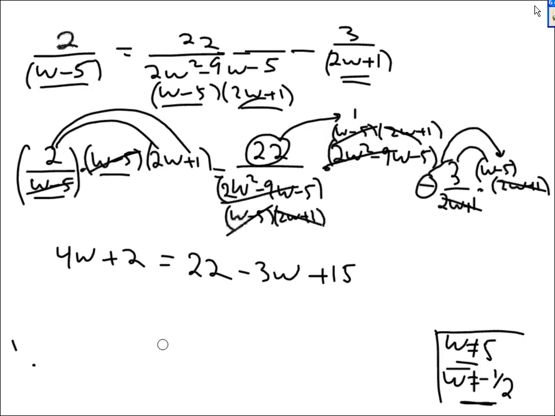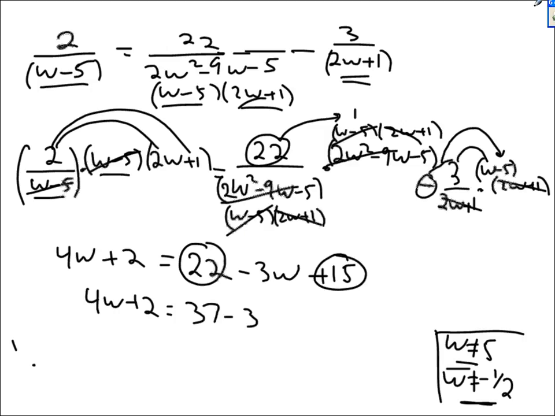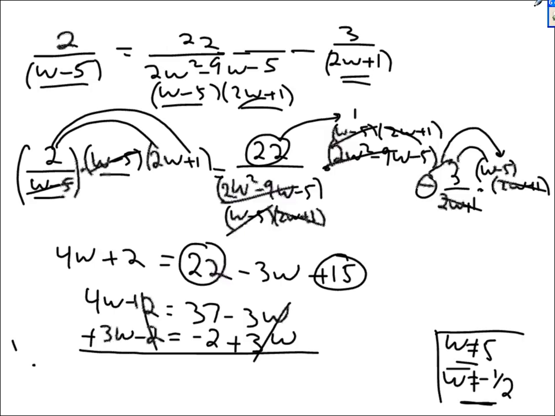Okay, let's clean up both sides. The left side is simply 4w plus 2. The right side we can simplify. 22 plus 15, 37, minus 3w. And bring all the w's to the left side. And I'm going to take away 2, bring all the numbers to the right side.